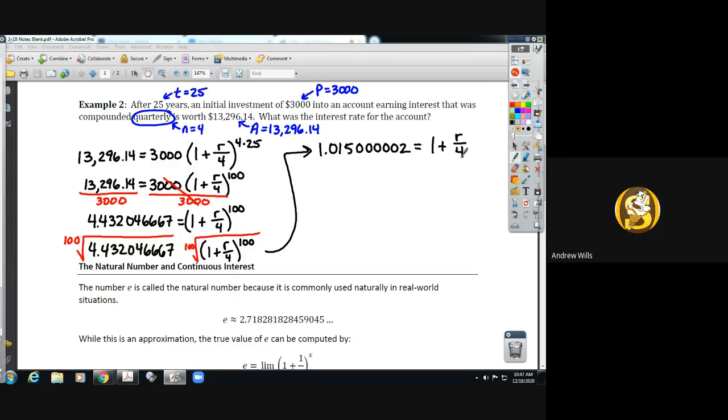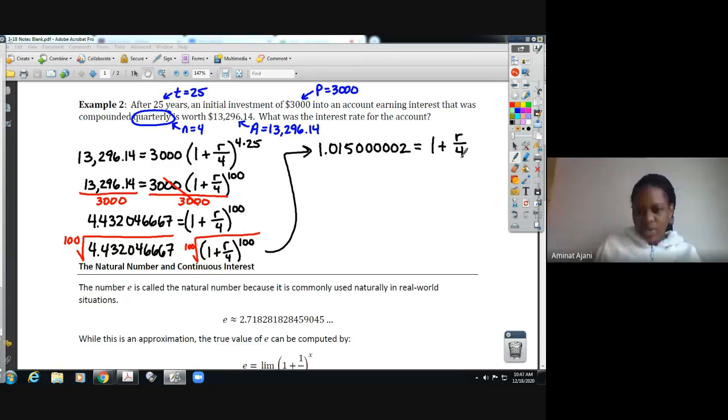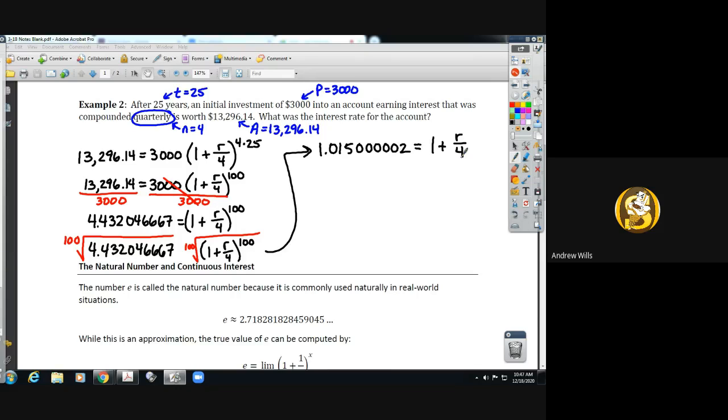Okay? Now, what is our next step here to solve for r? What do we do next? Take the LCM? We could, but we don't need to. That would just be another step. How do we isolate that fraction? What do we need to do to get r over 4 by itself? Multiply by 4? We could do that, but we don't need to.